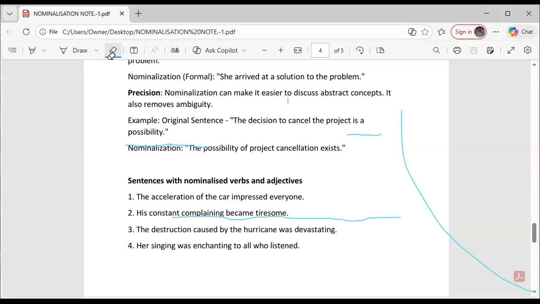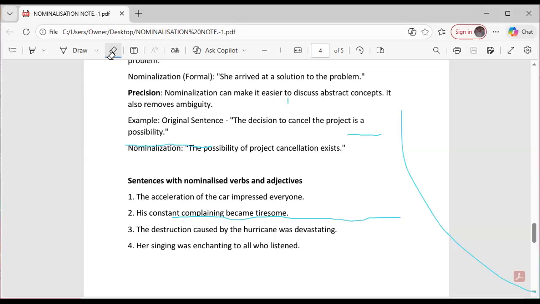Can you tell me what is tiresome? Yes, when a person is worn out, right? Probably you have a toddler around, so they can wear you out. Good. Is tiresome a noun or an adjective? It's an adjective. Correct.